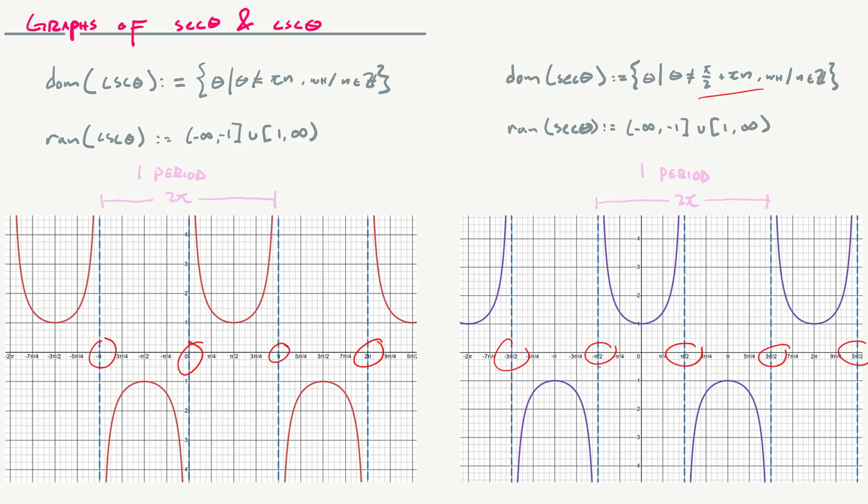And I would be remiss to not mention that if you graph sine and cosine together with these functions, you get kind of a cool looking graph. They're always meeting at their hills and valleys, which I always thought was cool and visually pleasing, and helps me remember what the graph of cosecant looks like.